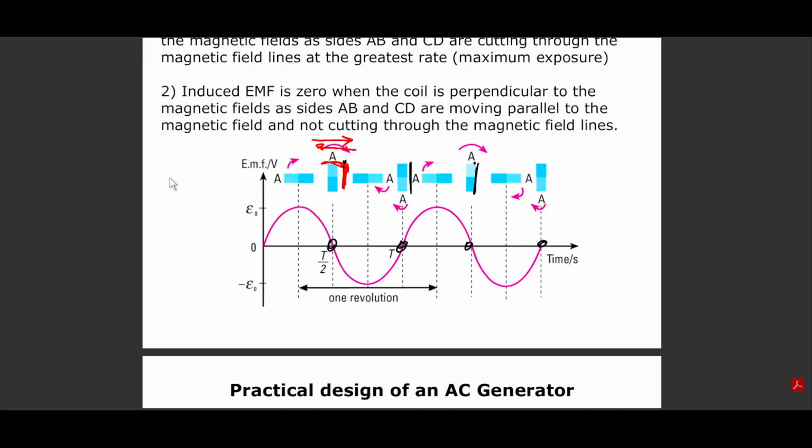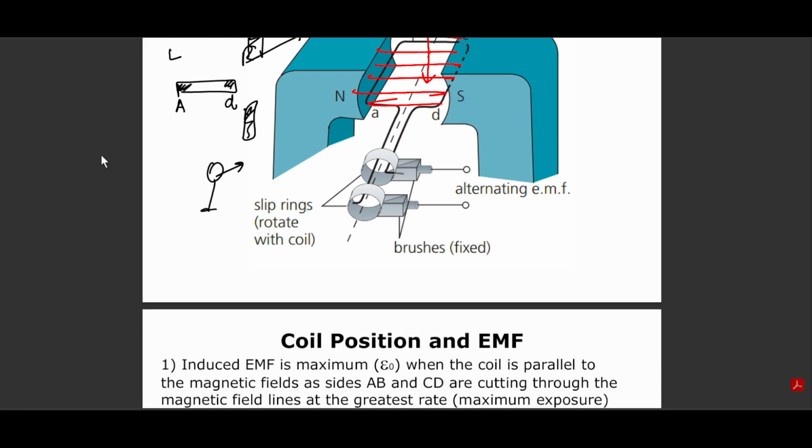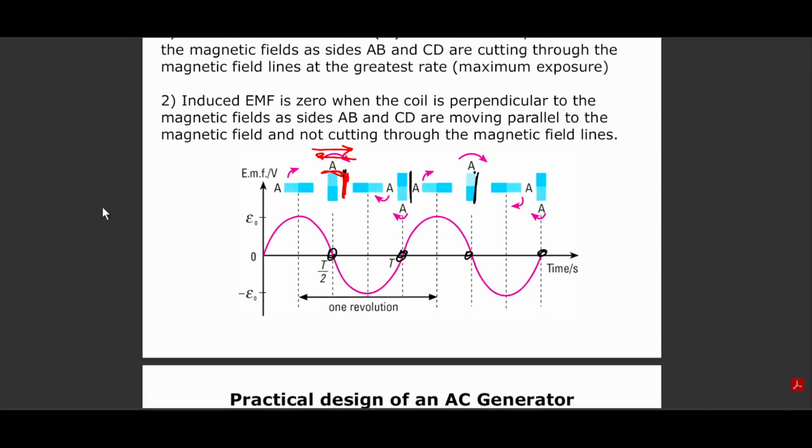EMF is only generated when the coil actually exists in this plane or shifts from that plane to this one, because only then these magnetic field lines are actually being cut like this. The coil rotates like this or passes through them. During rotation, maximum cutting takes place and maximum EMF is achieved, which is why on horizontal situations, the EMF is actually maximum.